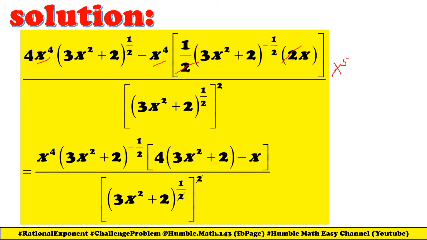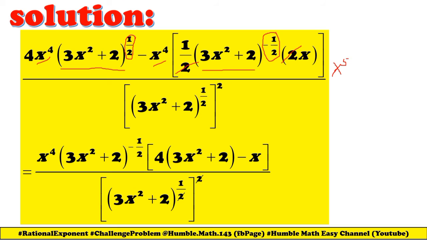Then as you can see also, we have two sets of terms in the numerator, and the other factor is 3x squared plus 2, the same base in the other term. So in that case we are dealing with a binomial expression having the same base, so we have to get the common factor. The exponent in the first term is 1/2 and -1/2 in the other.